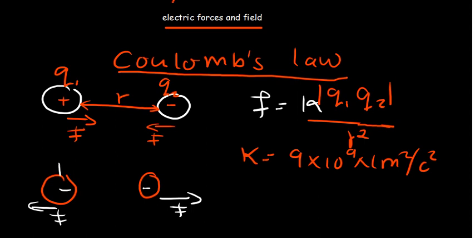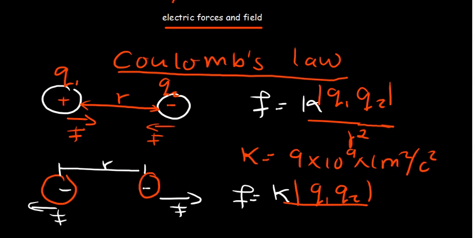This distance here is what we call R. So you can still calculate the electric force using the same formula: the modulus of Q1 Q2 over R squared. The same thing. That's how we can calculate the electric forces.